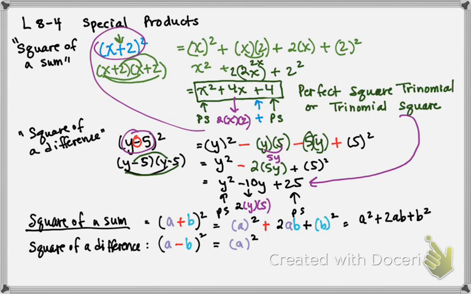Now we're going to write a minus, and then we're going to get two terms in the middle that are exactly the same, and they're going to be the product of the two terms that were inside of the binomial. And then we're always going to get a plus, and then we're going to square that second term for a grand total of a squared minus 2ab plus b squared. Okay, so at this point, you guys should be about halfway down the page. So I'm going to go to my next screen and we'll continue on this page.